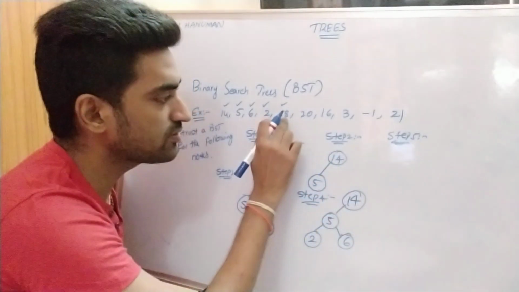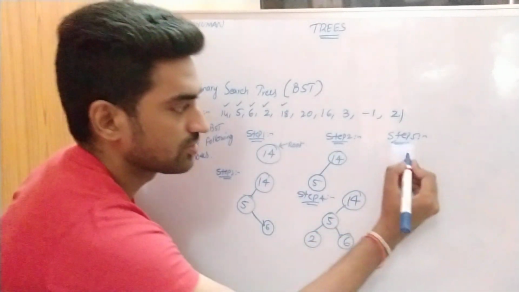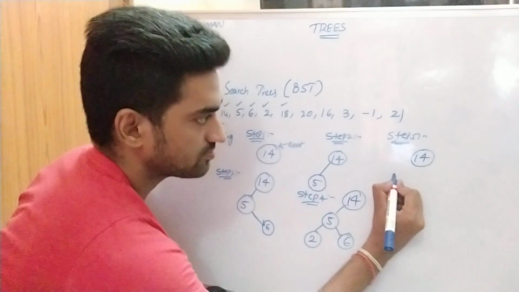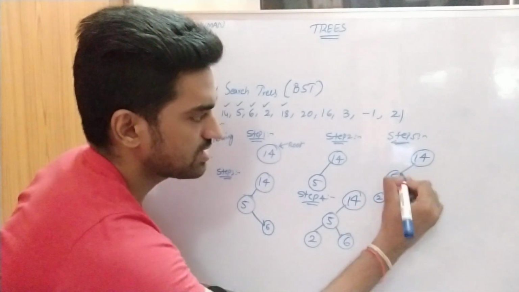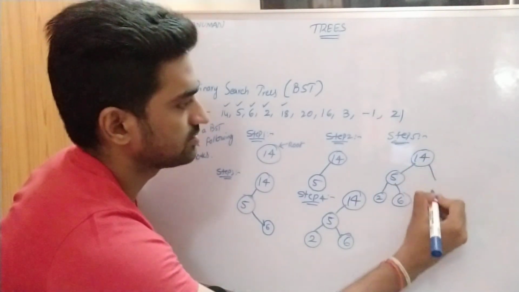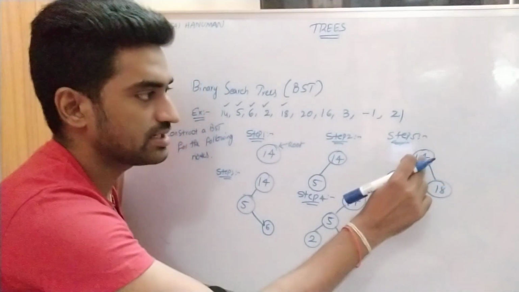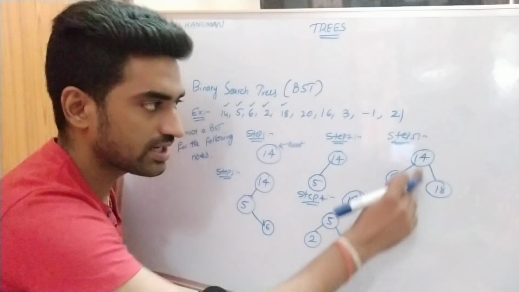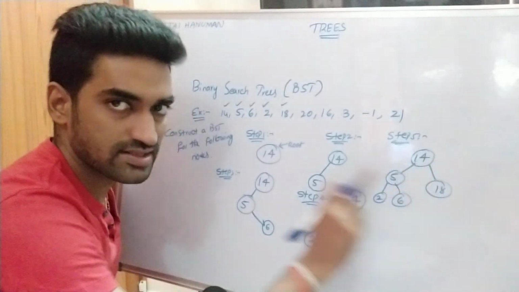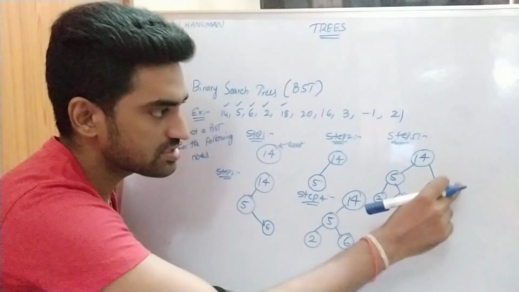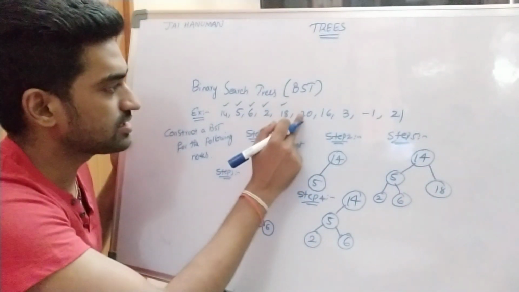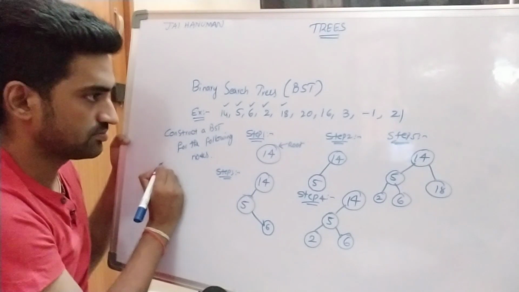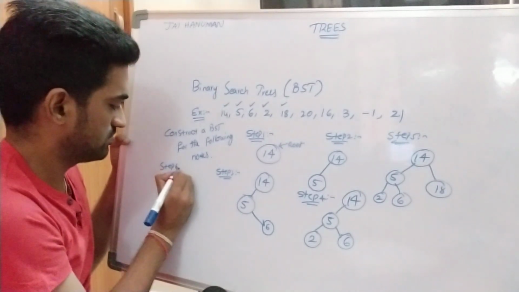So this is the root node for the right subtree. So the tree becomes 14, 5, 2, 6, 18. 18 is greater than the root, so we insert it at the right subtree. For the right subtree, what is the root? 18, right? So next, what is the next inserted node?